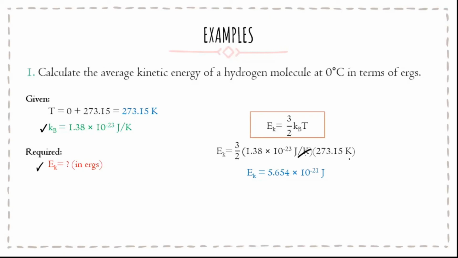Okay, so cancelled out ang Kelvin. So we need to convert it in terms of erg. So 1 erg is equal to 1 times 10 raised to negative 7 joules. So we have our final answer in terms of ergs. So 5.654 times 10 raised to negative 14 ergs. So this is our final answer.